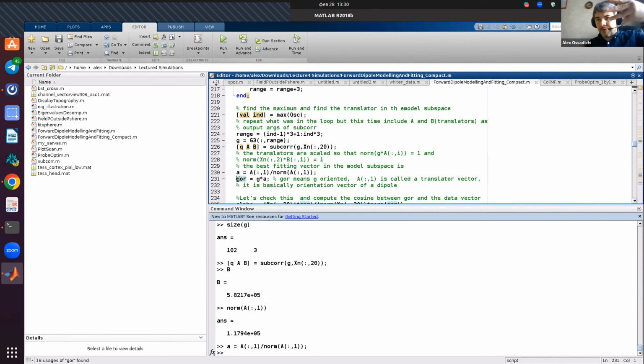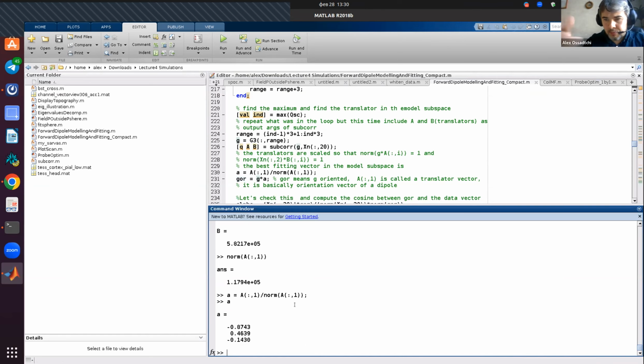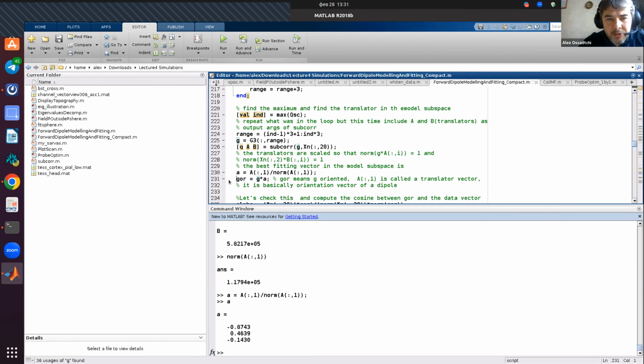And I said, okay, listen, here's a triplet of topographies, combine them linearly such that this data vector is fitted in the best way possible. So combination of these guys means finding the orientation of the dipole. These are just cosines of the angles the dipole makes with the coordinate axes. This is just the orientation of the vector. Okay, and then you combine and you get a single topography.